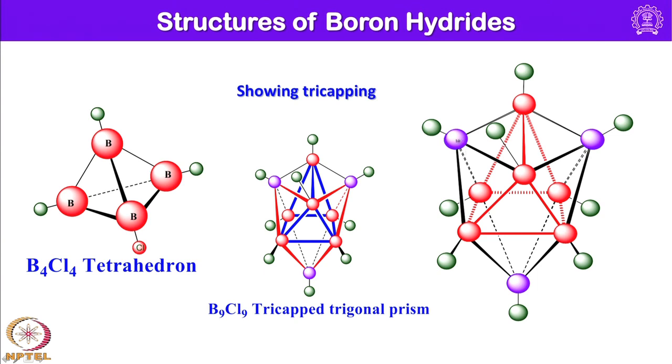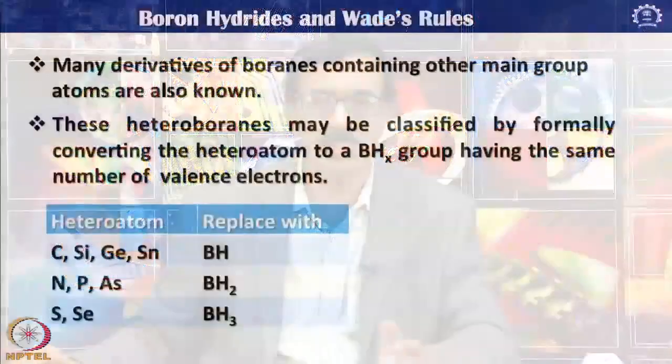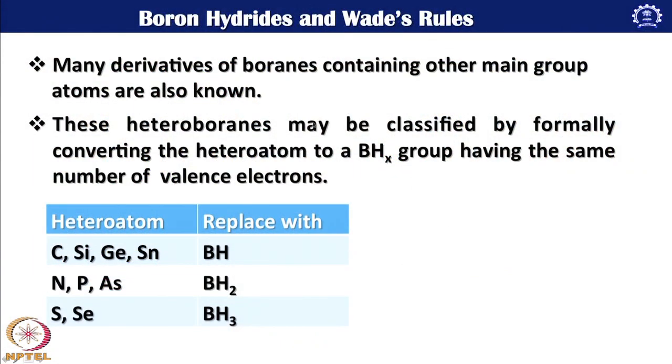So, what would happen if we replace one or more boron atoms with main group elements? Many such boron hydrides are known in which one or more boron atoms are replaced by main group elements. These heteroboranes may be classified by formally converting the heteroatoms to a BHX group having the same number of valence electrons.